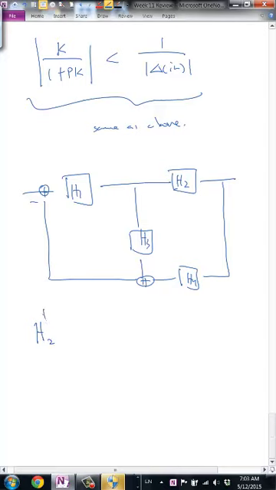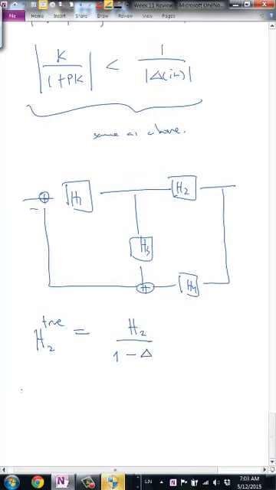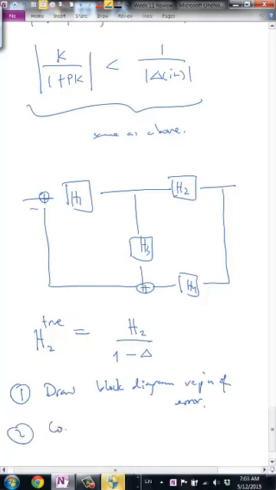So for example, say H2 true is equal to something different than what we just did above. Maybe it's equal to H2 over 1 minus delta. And remember, step 1 is to draw the block diagram representation of the uncertainty. And step 2 is compute the transfer function from phi to psi when delta is erased.